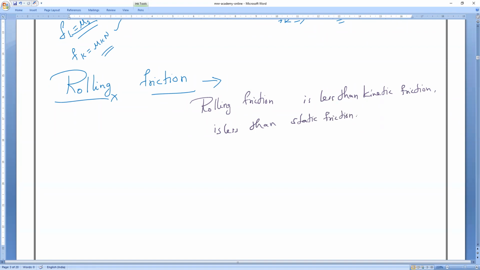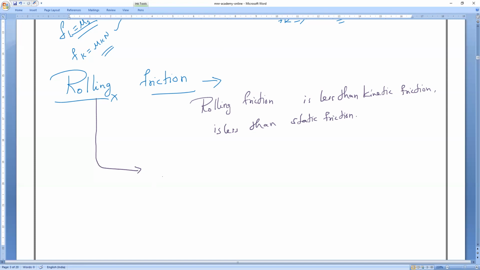Now, when will rolling friction come into play? It is the kind of frictional force which only comes into play when a body rolls over another. It is not sliding over the other, it is rolling over the other.